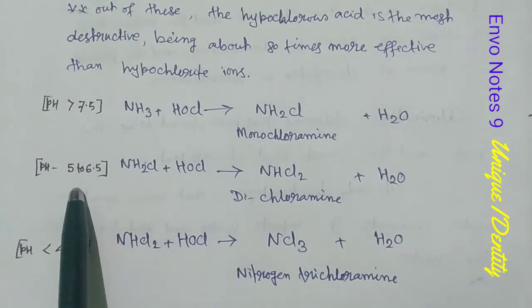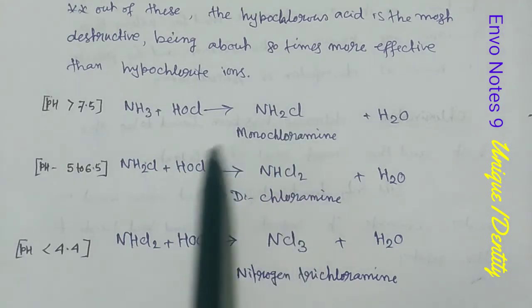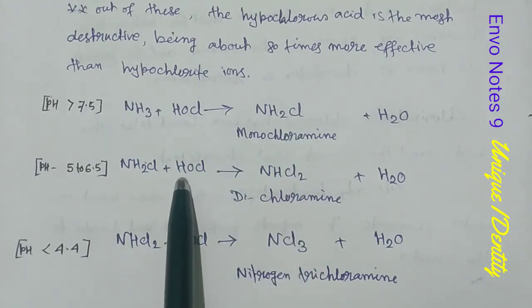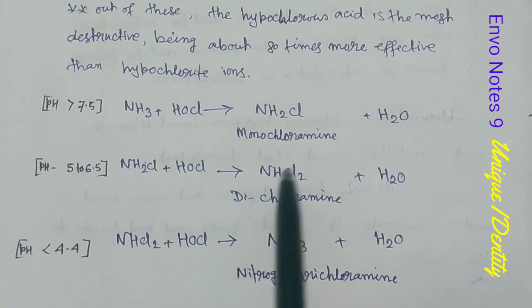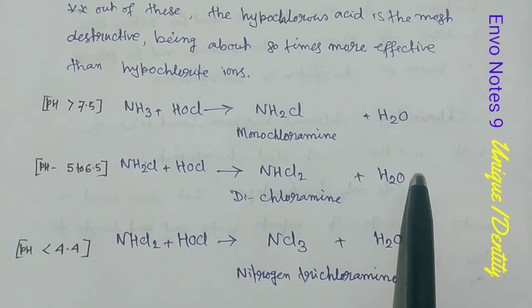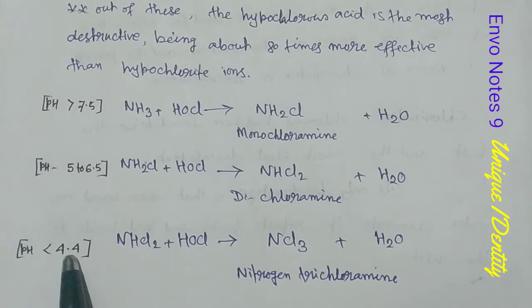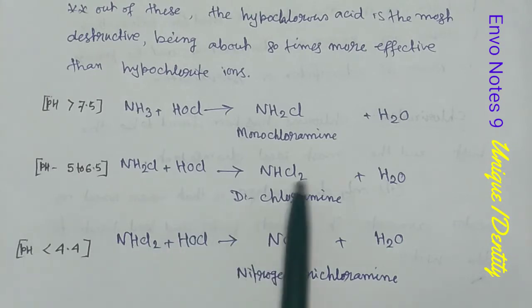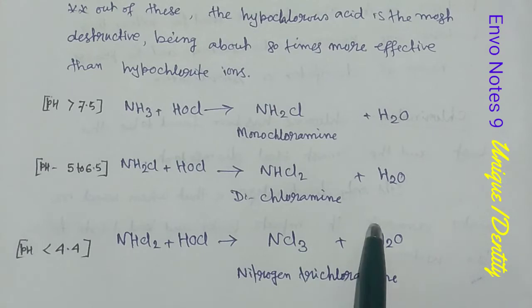When the pH range is 5 to 6.5, NH2Cl again reacts with HOCl and produces NHCl2, that means dichloramine, plus H2O. And when the pH range is below 4.4, NHCl2 plus HOCl gives NCl3, that means nitrogen trichloride, plus H2O.